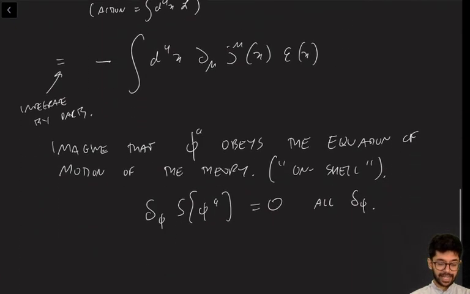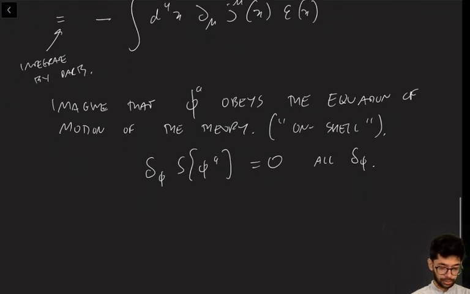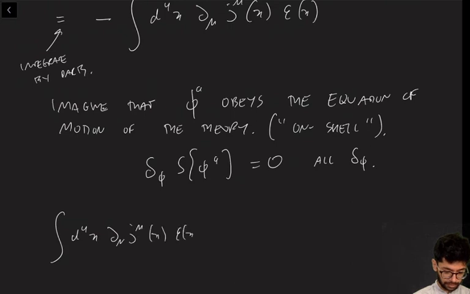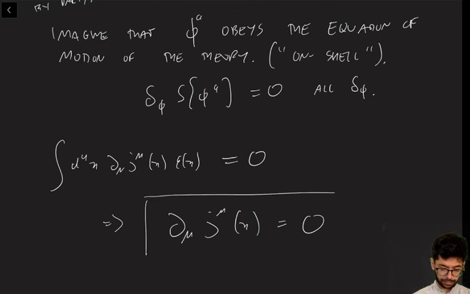So in that case, if phi obeys the equations of motion, then it's true that the integral d4x d mu j mu epsilon of x equals 0. And in particular, because this holds for every epsilon, this implies that d mu j mu of x equals 0. Okay.